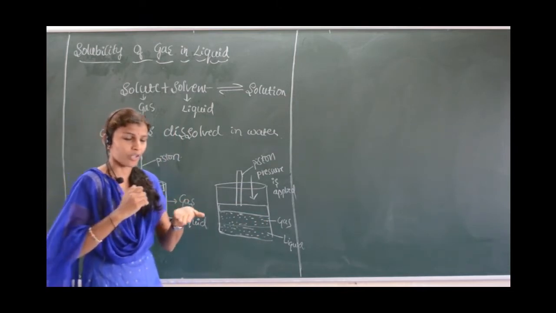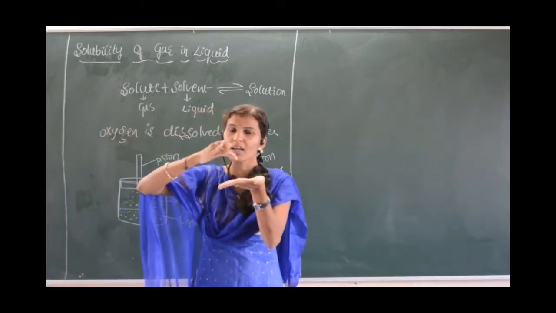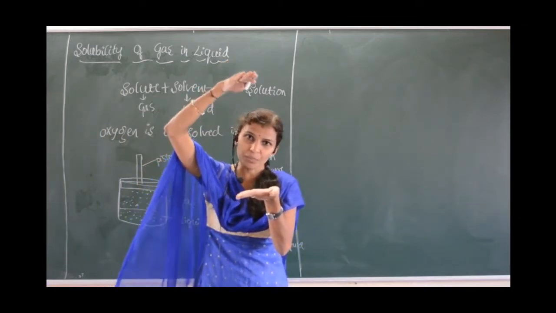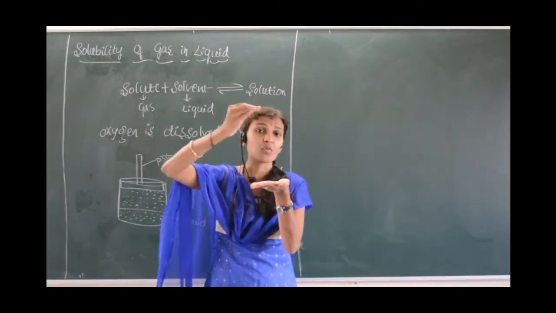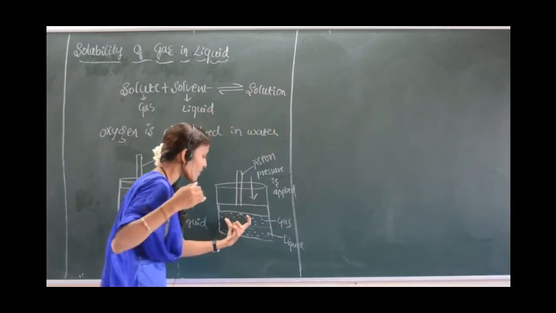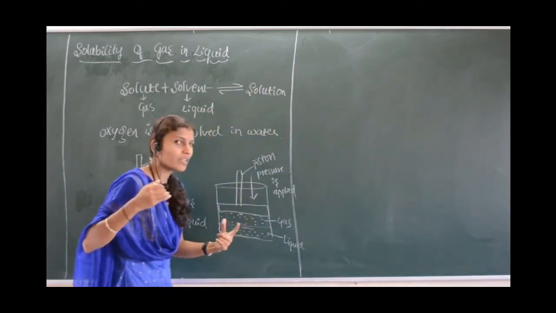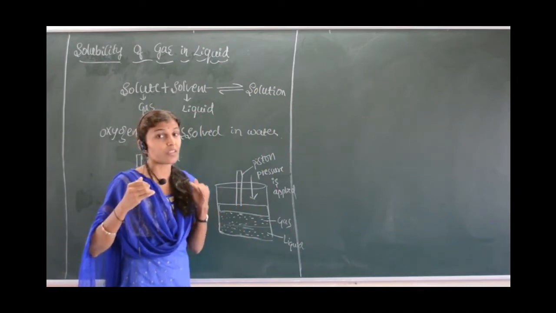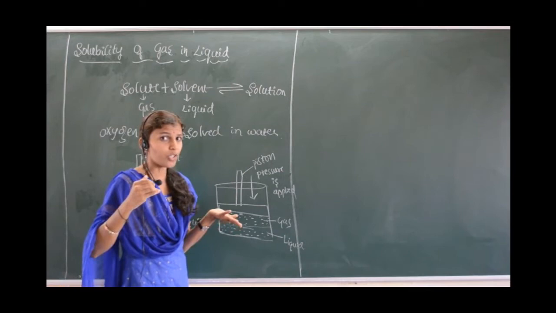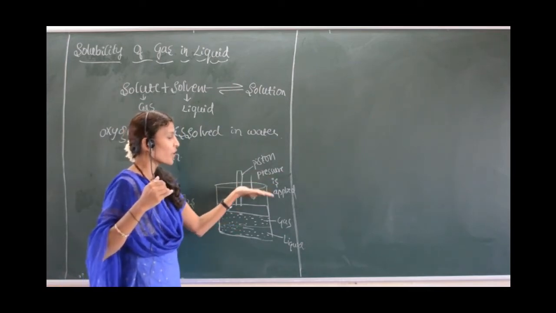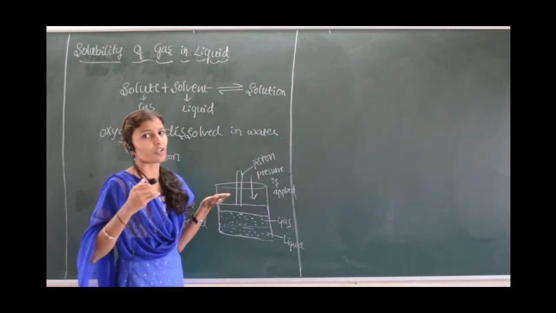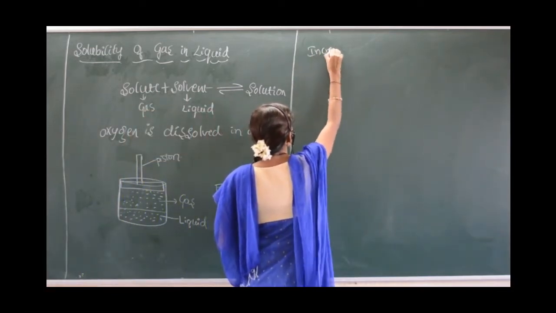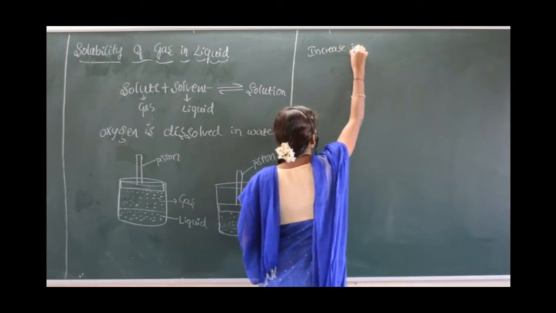Are you getting my point? Previously there is a liquid layer and the gas which we are dissolving is above that. As I am applying the pressure by using the piston, what happens? More gas is going to be dissolved in the liquid. As it is dissolving in the liquid, that is the solubility.